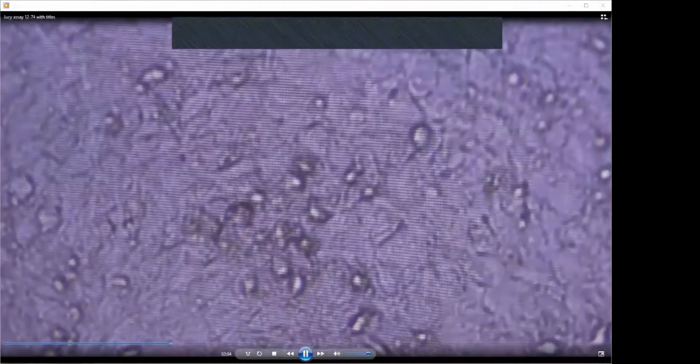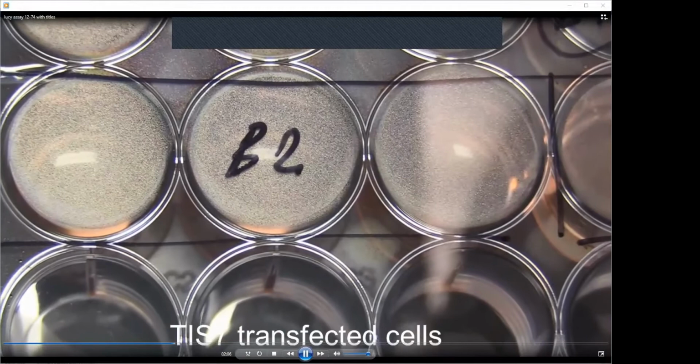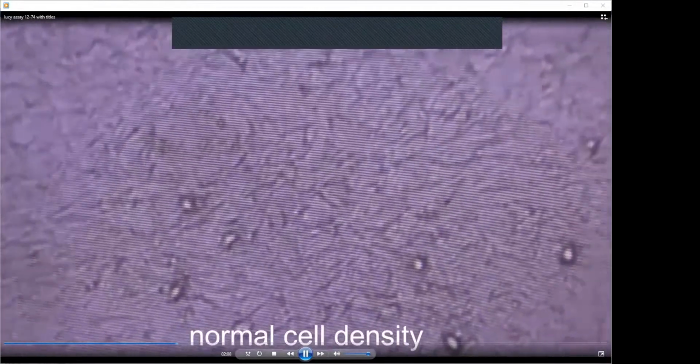So there is a monolayer, and on the top are also growing these rounded up cells. Monolayer you can recognize easily.